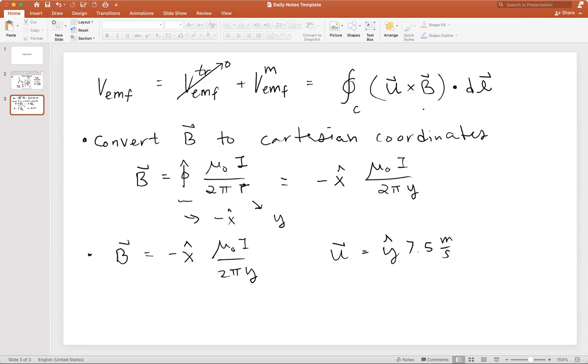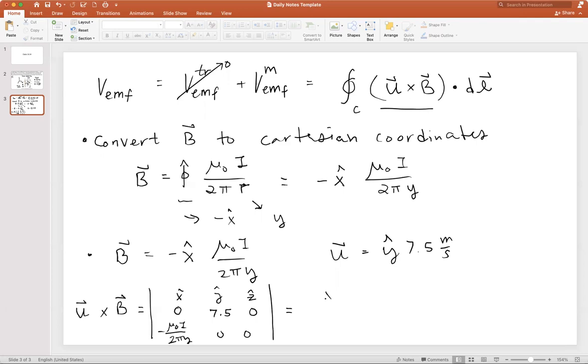So we can find v cross B by setting this up.